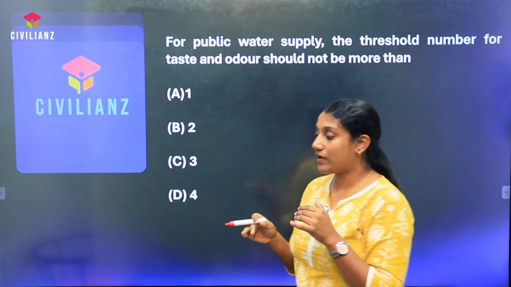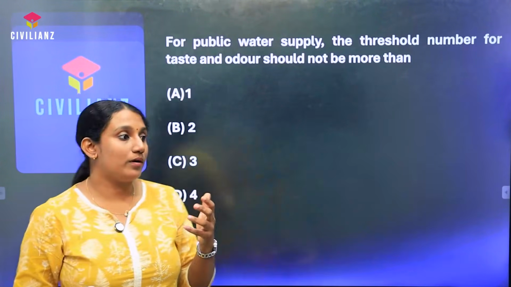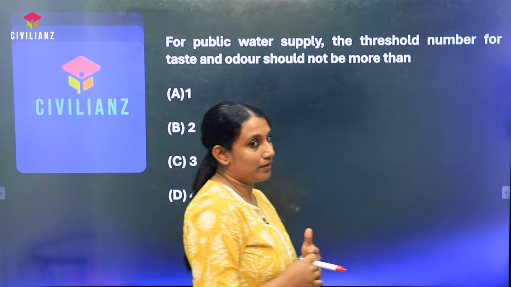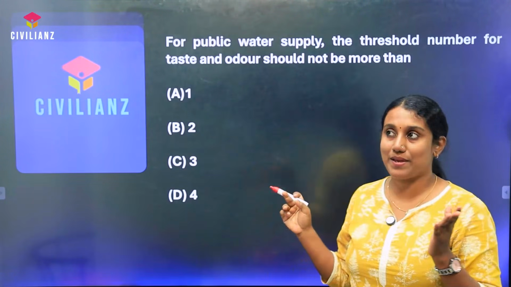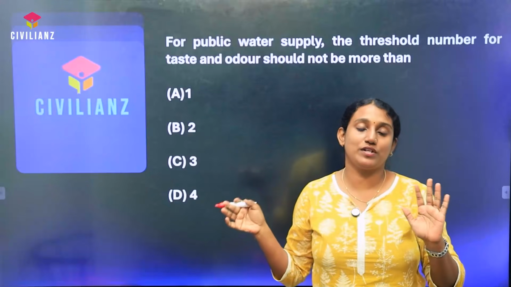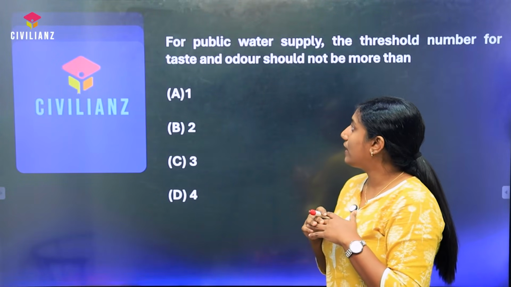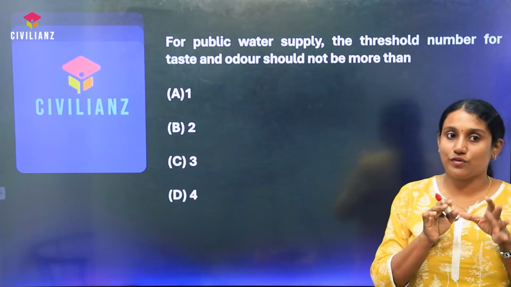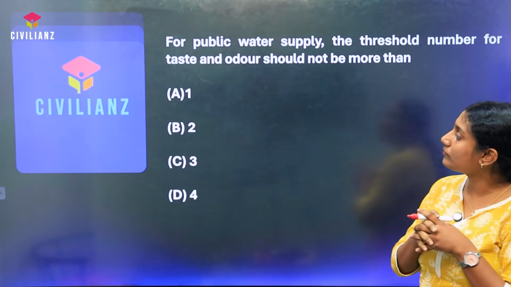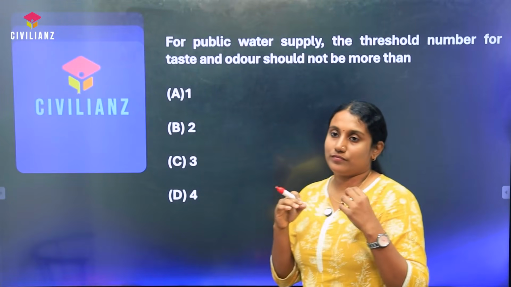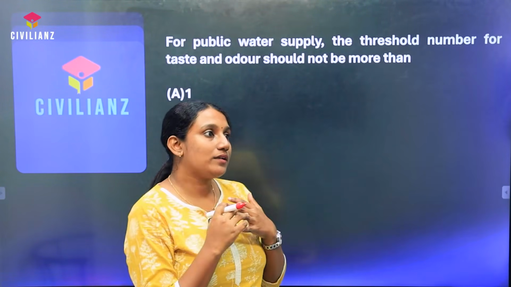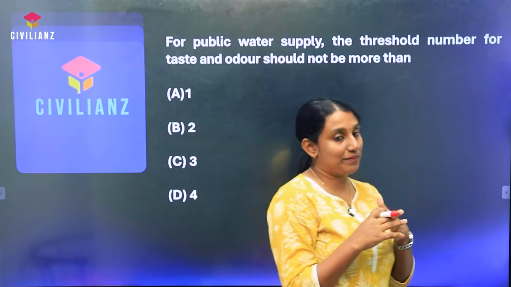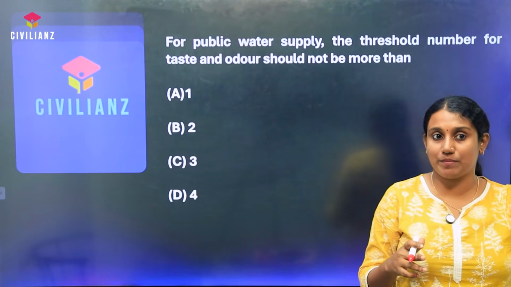So, from this chapter we have to study a lot of limit values. That's chemical, physical characteristics, and biological characteristics of water. So I think these values are from physical characteristics of water. We know that we have two limit values, acceptable limit and maximum permissible limit.